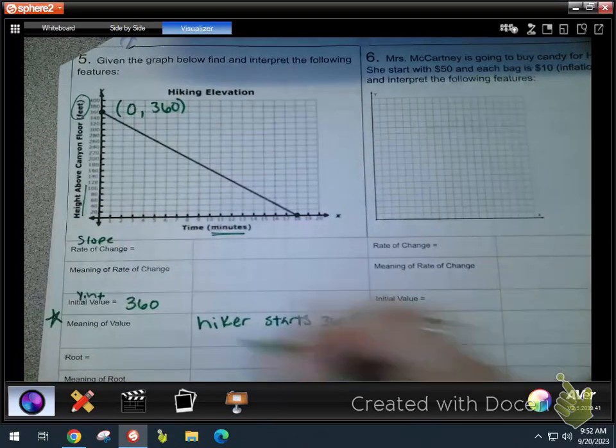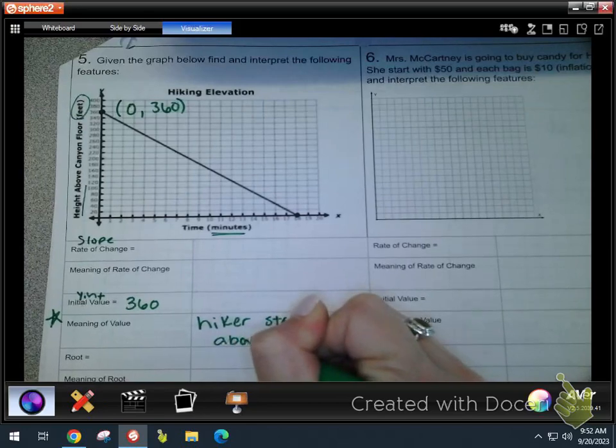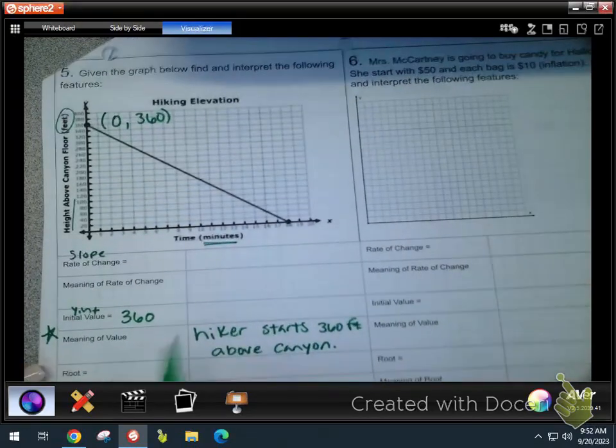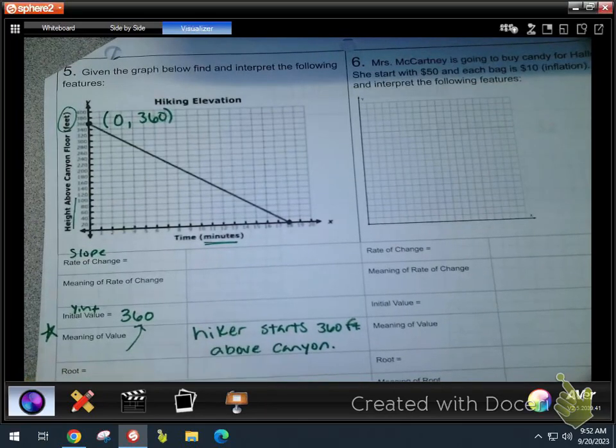Feet above canyon. That's what I mean by meaning. What is the meaning of that? Take it back to the story. Use the number. Use the units. Interpret it.